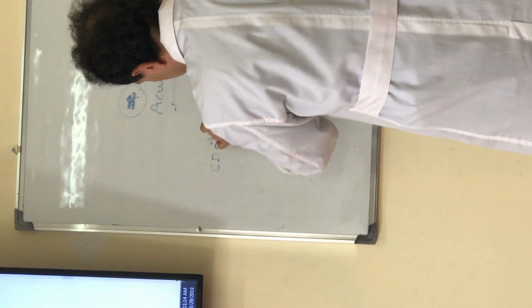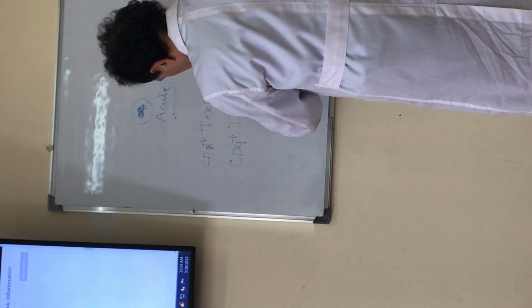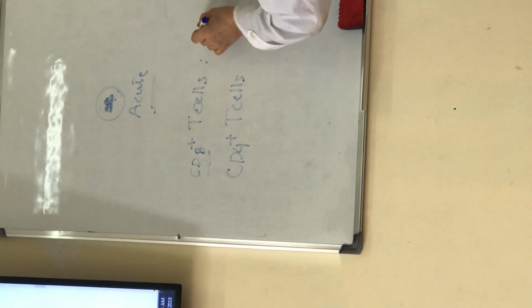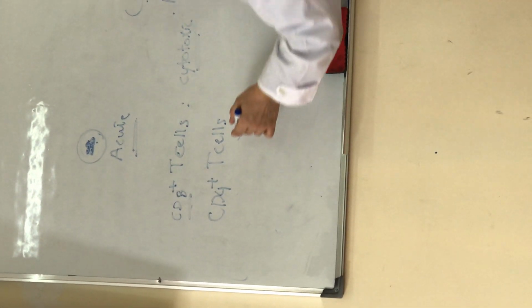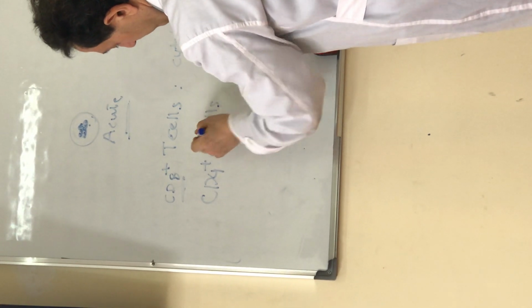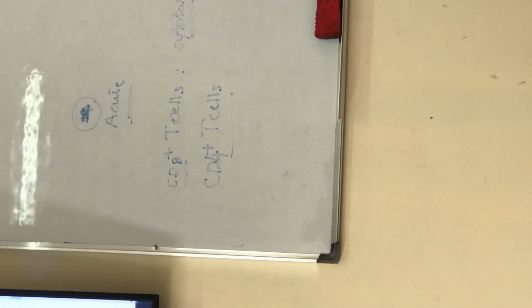CD8 T lymphocytes are cytotoxic T cells that can kill infected cells directly. So CD8 plus T cells and CD4 plus T cells. These CD8 plus T cells are cytotoxic T cells. It means that they can kill the infected cells directly, but CD4 plus T cells, they cannot kill the cells directly, but they participate in immune reactions that activate other cells such as B cells.